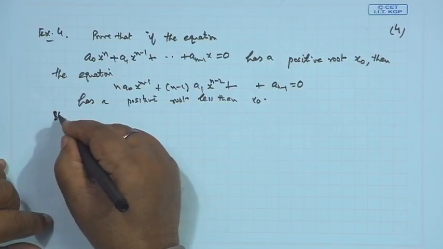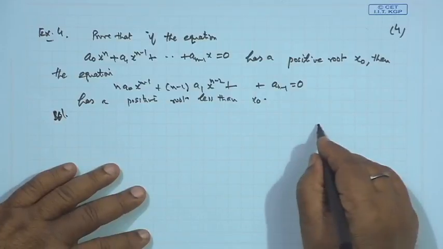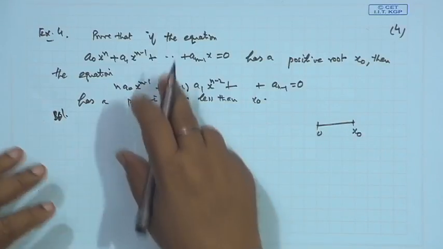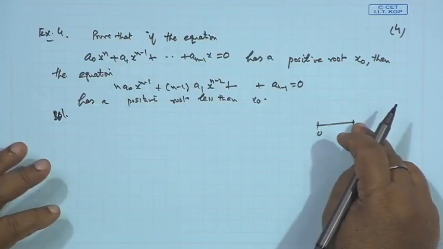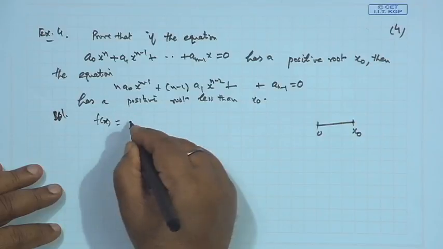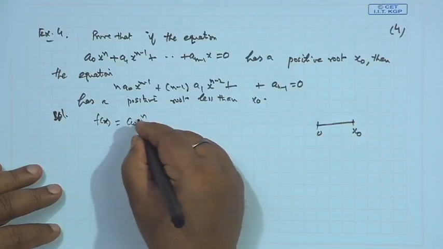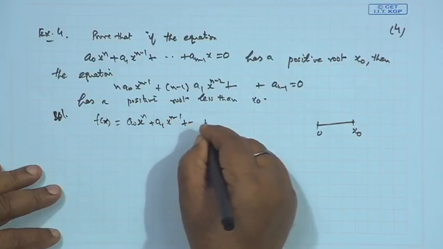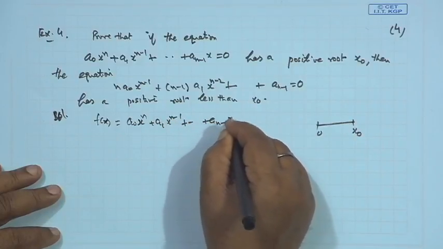Solution: this is the interval 0 and here is the point x naught. The function has a positive root. What is the function f x? F x is a naught x to the power n plus a 1 x to the n minus 1 plus up to a n minus 1 x.